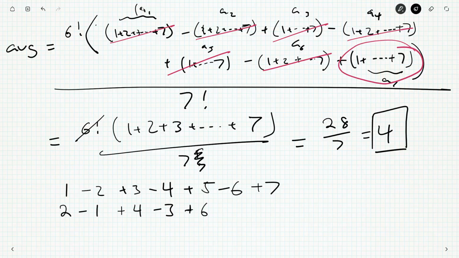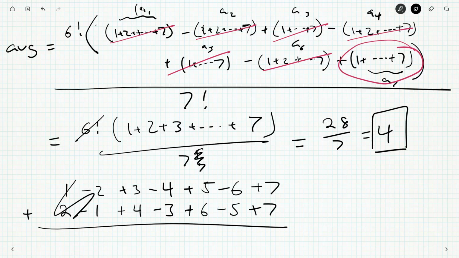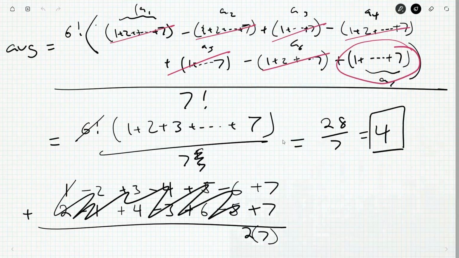So in some sense, for every permutation, we have an opposite that cancels out everywhere except A7. So when I add up these two permutations, I'm just left with 2 A7s. Okay? So that's another way to view the problem. We get 4 as the answer this way, but maybe we'll just talk about this for a second.